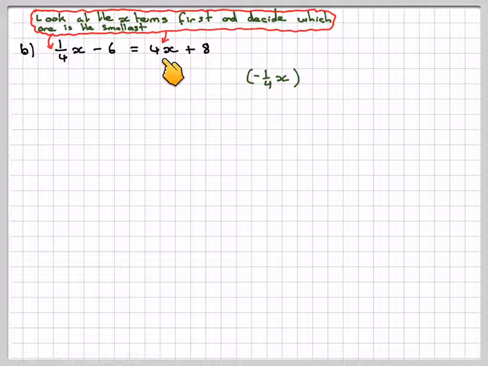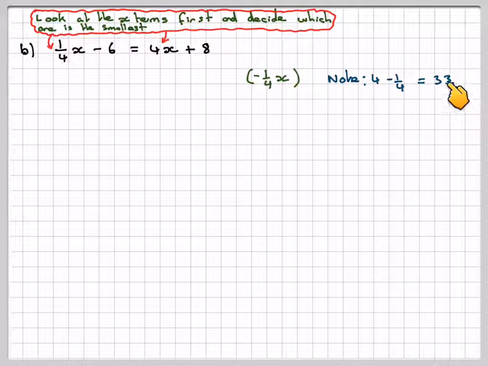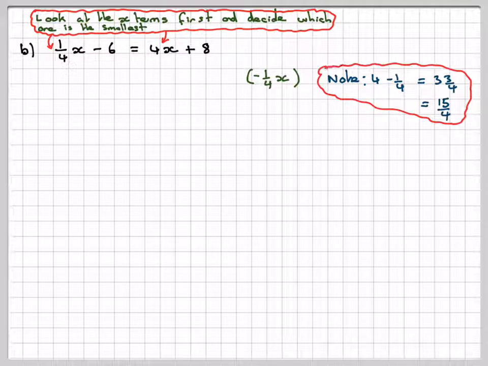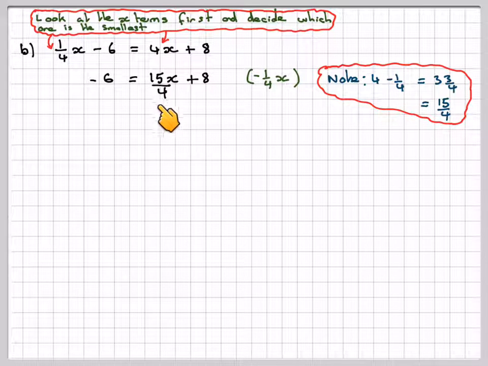So you're going to take away 1/4 x from this one here. So note that 4 minus 1/4 is 3 and 3/4. 4 times 3 is 12 plus 3 makes 15 over 4. We deal with improper fractions with equations. So you've got minus 6 is equal to 15x over 4 plus 8.